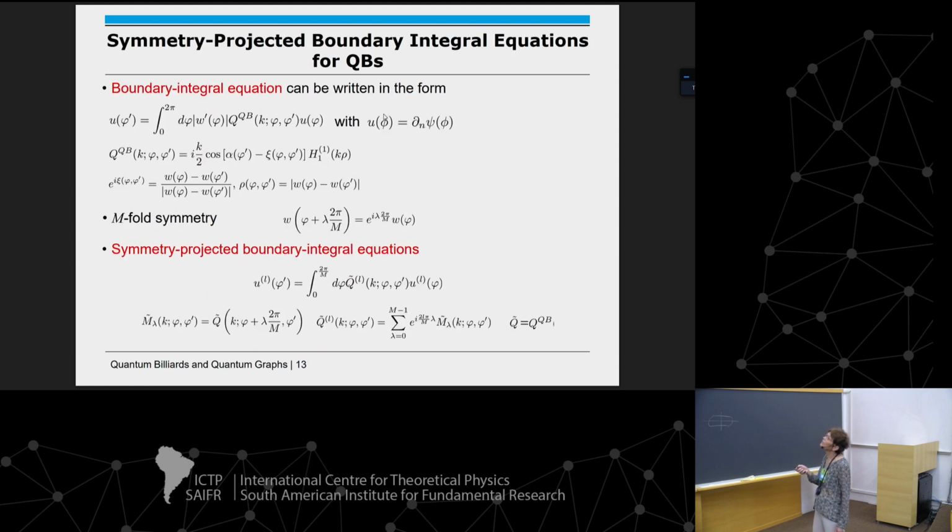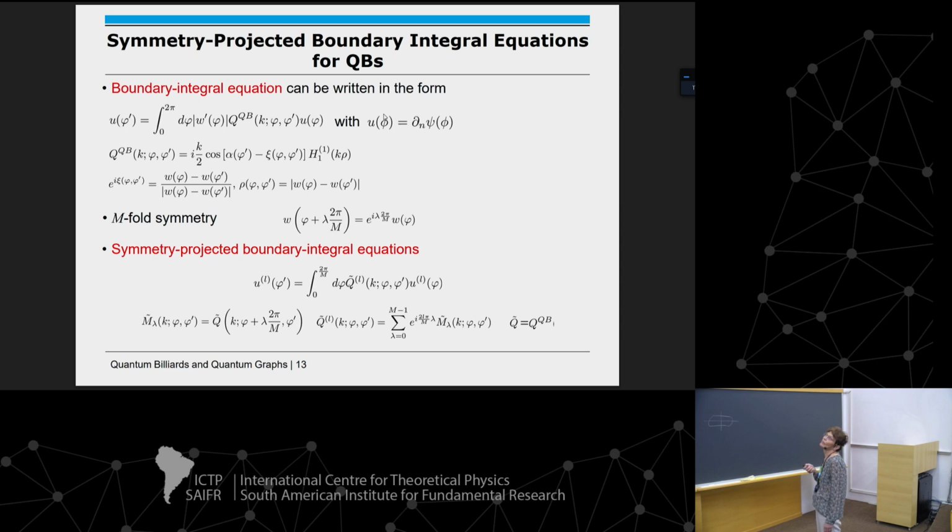What you have to do now is solve this boundary integral equation, and then you get all your eigenvalues. For this, usually you discretize phi, and then you get a matrix of a certain dimension, depending on how you discretize the angle phi, and then you get essentially an eigenvalue problem in terms of a matrix.